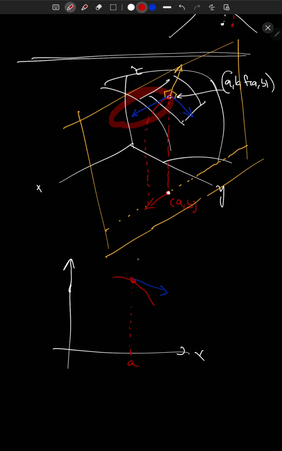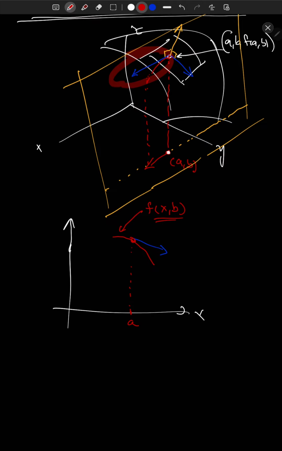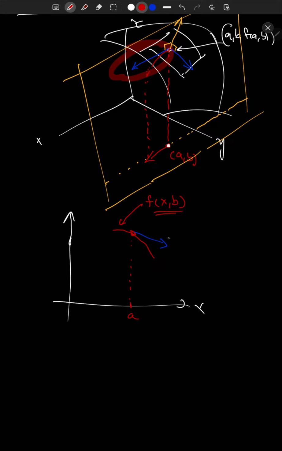So this is my function, and if I were to write it out, it would be f of x comma b, because again, we're fixing our y coordinate at b. So that's a one variable calculus function, and essentially we can calculate the direction of that arrow using the ideas from one variable calculus.